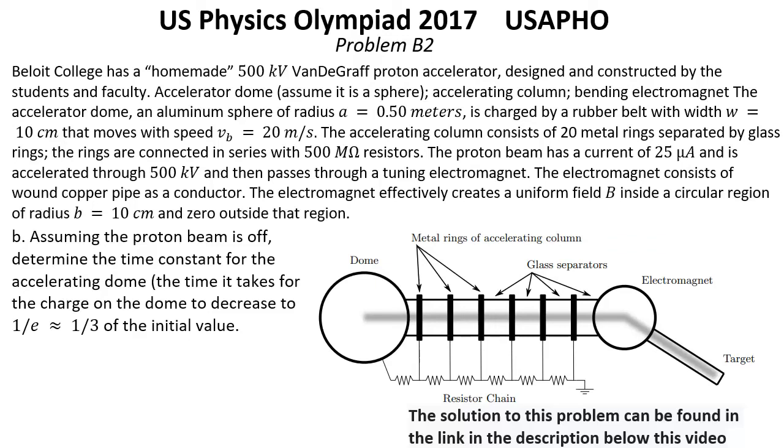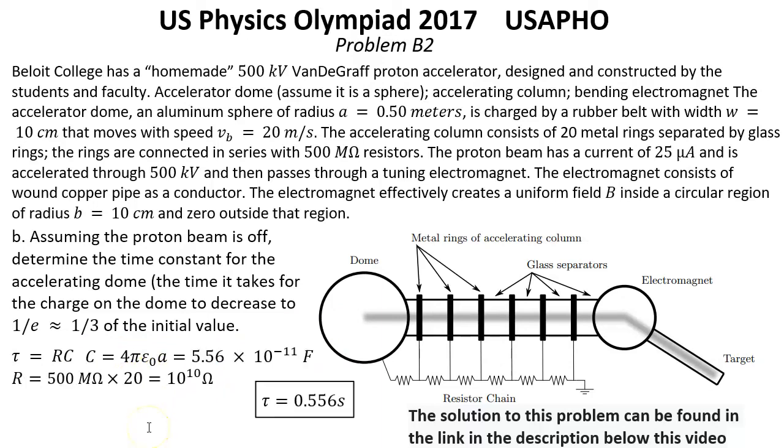Solution for question B. The time constant for a capacitor connected in series with a resistor equals RC, where R is the resistance of all of these resistors connected in series, and C is the capacitance of the sphere, which is equal to 4 pi epsilon 0 a.